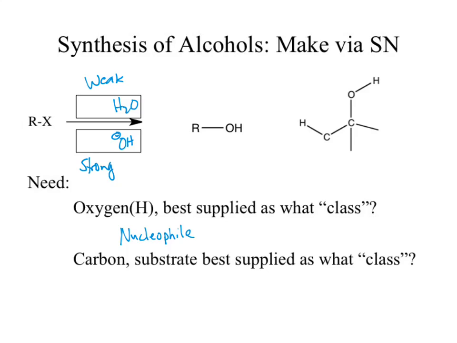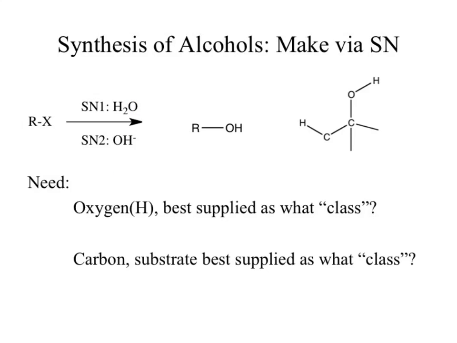Is that going to change the mechanism by which we run the reaction? Absolutely. OH minus is a strong nucleophile, which suggests that we run under SN2 conditions. H2O is a weak nucleophile, which would suggest we run under SN1 conditions. How do we know which reagent we should be supplying? You have to go back to the other components of substitution.